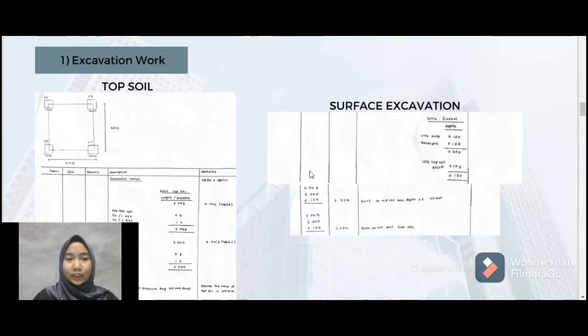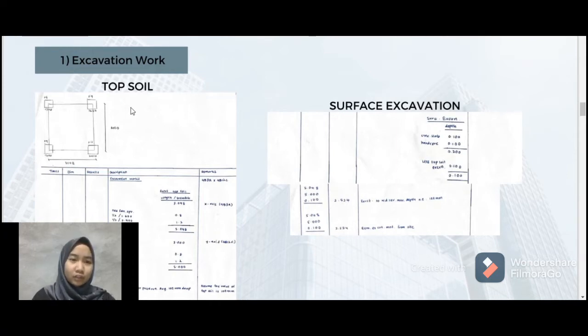Next, I will explain about quantity measurement. The first thing that we have to calculate is excavation work. Excavation work is divided into four excavations, which are topsoil, surface excavation, pit excavation, and also trench excavation.